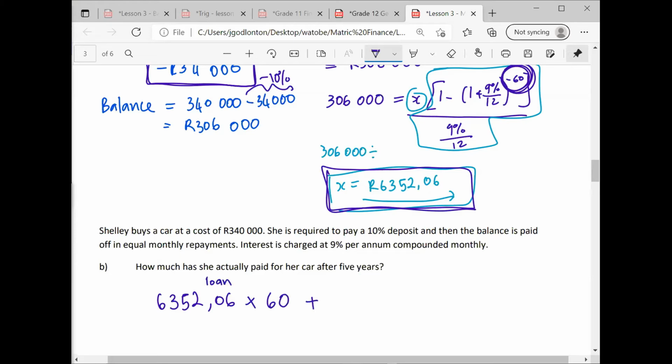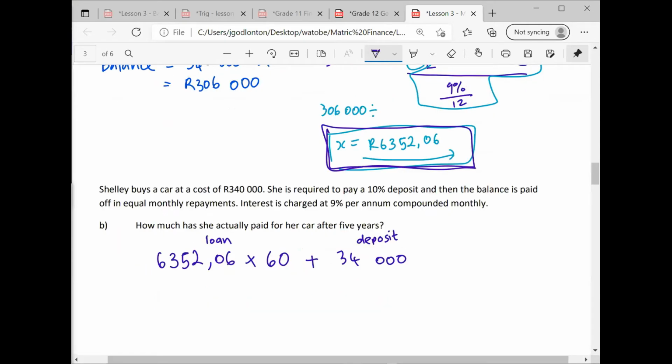And then we have to add her deposit of 34,000 Rand, because remember, when you make a deposit, you also are paying money into something. You add them together and you should get a total of 415,123 Rand and 60 cents. Great. Okay, let's try another question.